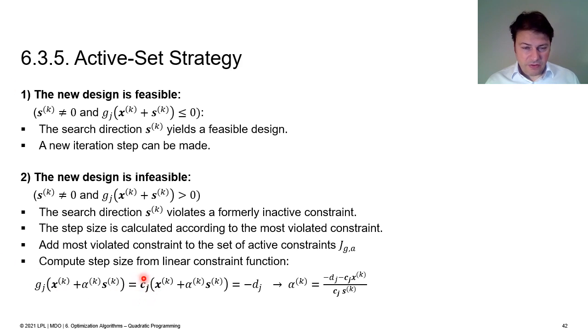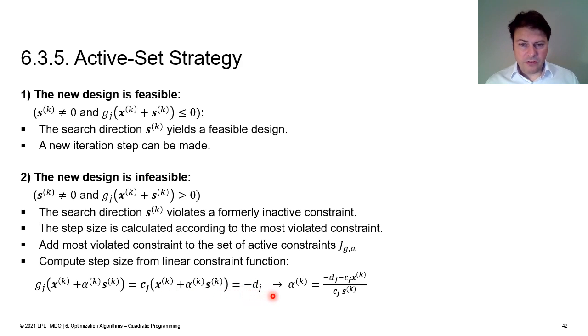Cj vector, which is a row of your C matrix that was used to formulate the inequality constraints, times your current design plus an unknown step size times the search direction that you know, that has to evaluate as minus dj for the constraint to become active.